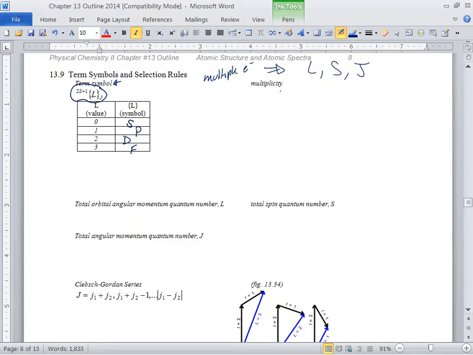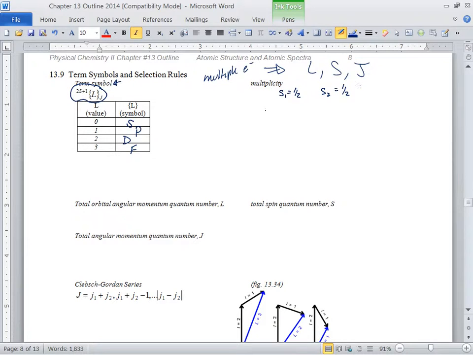Multiplicity. Well, you've got 2 electrons. Let's say S1 is a half, S2 is a half. Written this way, are these electrons paired? No. Because if they were paired, you'd have one being a half, the other being negative a half. So these are 2 unpaired electrons.